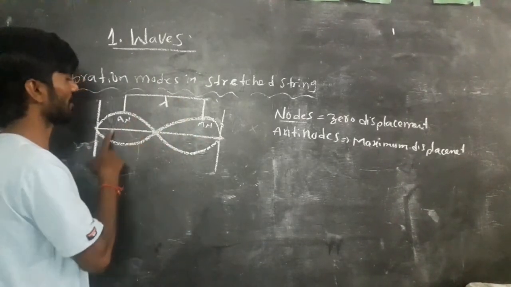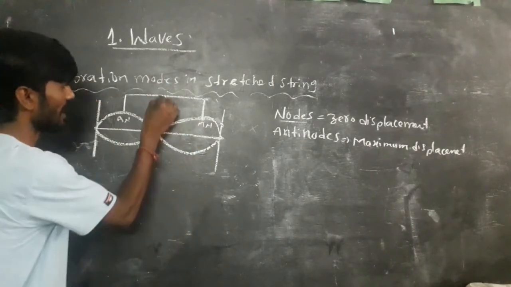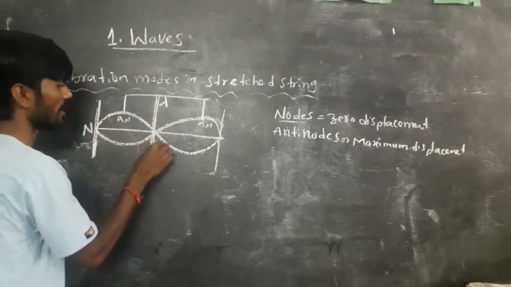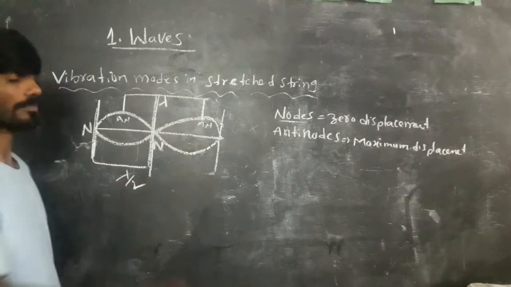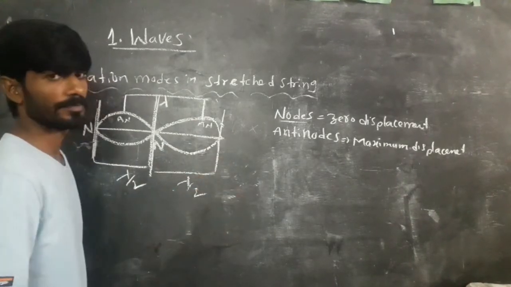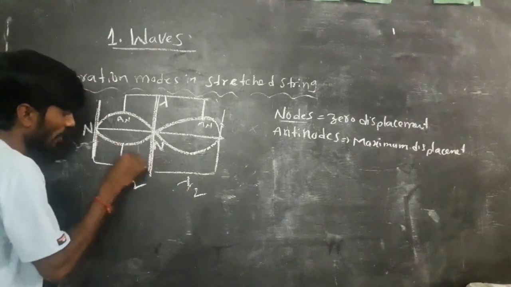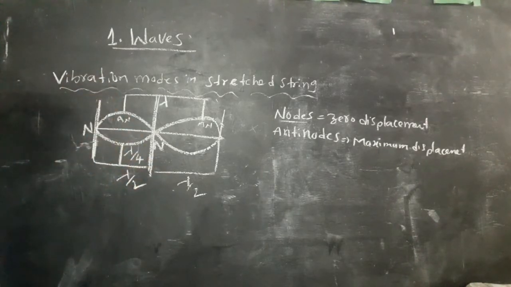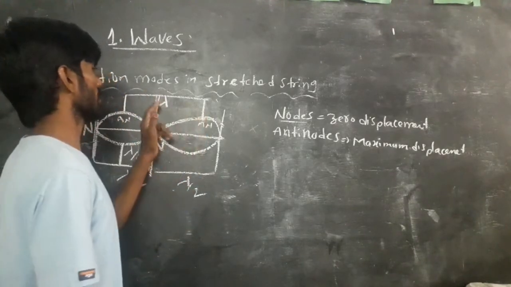The distance from antinode to antinode is equal to lambda.